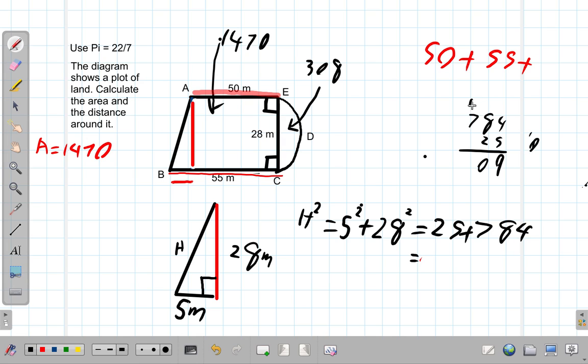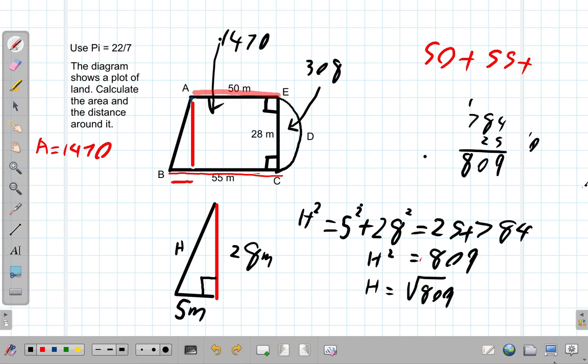Bring down the 0, carry 1, 8. 809. So h squared is 809. So the hypotenuse, which would be AB, is equal to the square root of 809. Remember, the square root of h squared is just h. So h is the square root of 809.